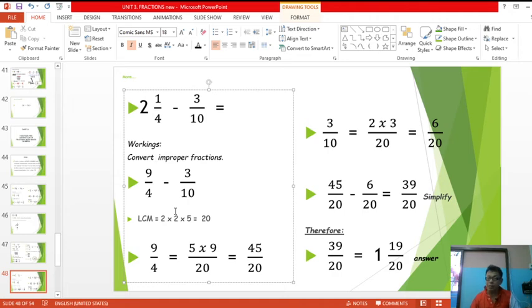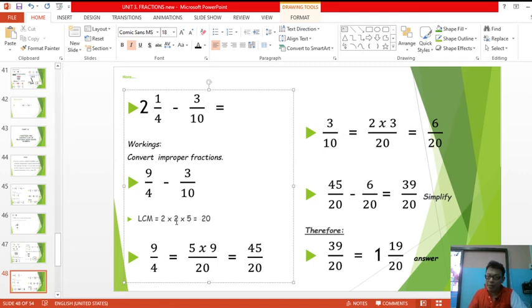And how? You just find the LCM of the denominators of both of these fractions. You can try it at home, do it yourself, but it will end up in this manner. 2 times 2 times 5 is 20.